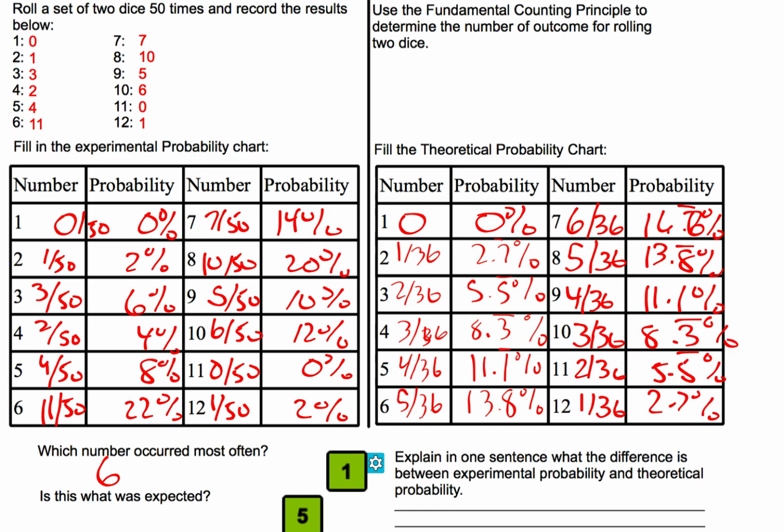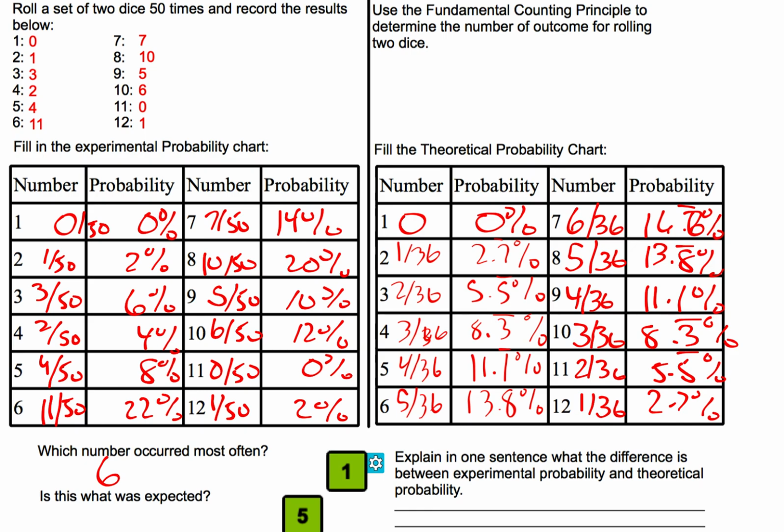Now, if we make a comparison here, experimental probabilities should be pretty close to theoretical, especially for a high number of trials. Now, there are 36 different outcomes, so 50 trials is not very many compared to the 36 possible outcomes.